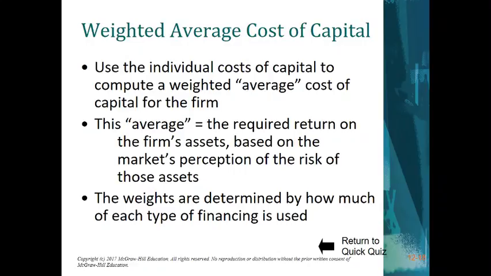So this average equals the required return on the firm's assets based upon the market's perception of the risk of those assets. The weights are determined by how much of each type of financing is used.